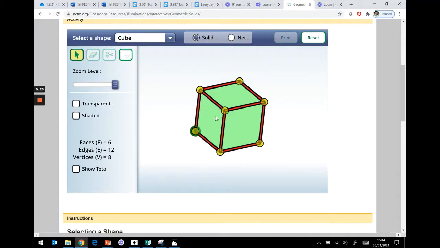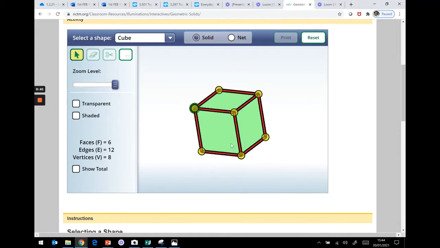The edges of this shape are in red, so we can see them here where those two faces meet. If we count them, we can see 1, 2, 3, 4, 5, 6, 7, 8, 9, 10, 11, 12. So edges equals 12.